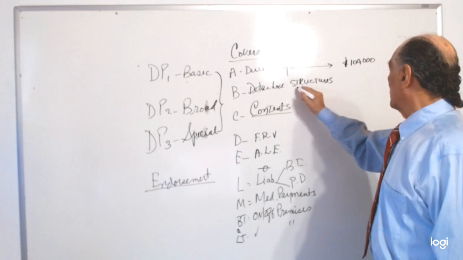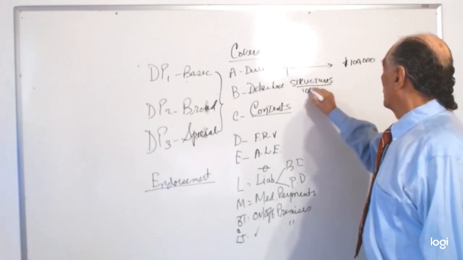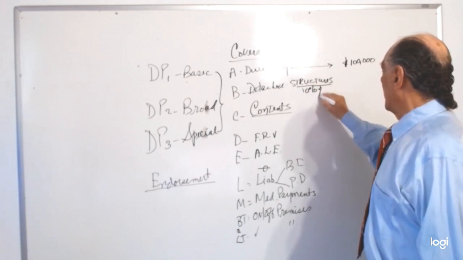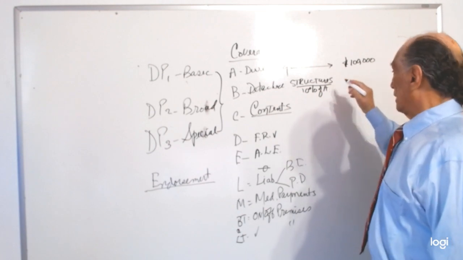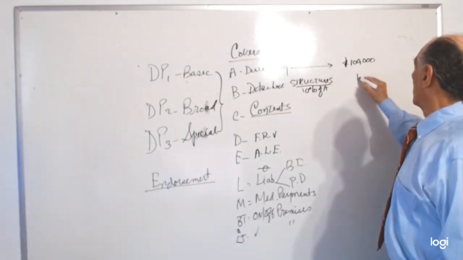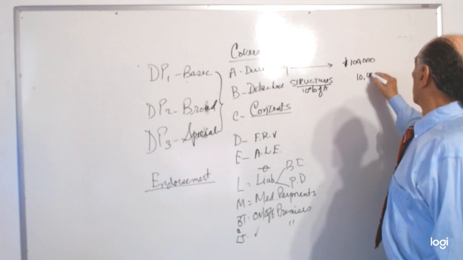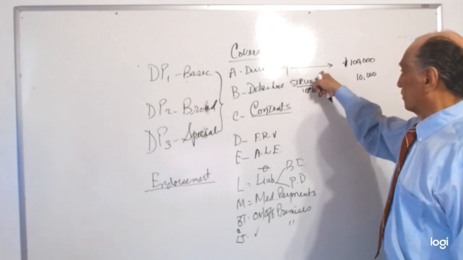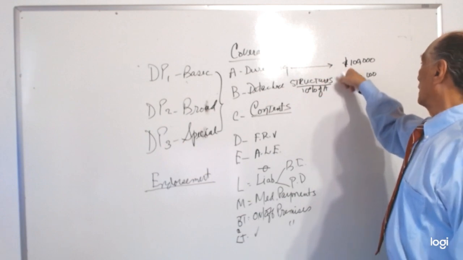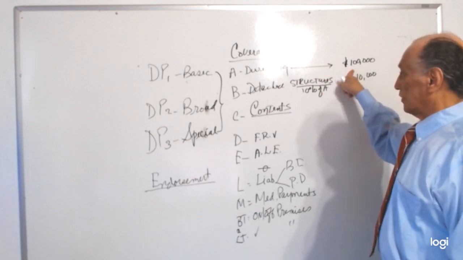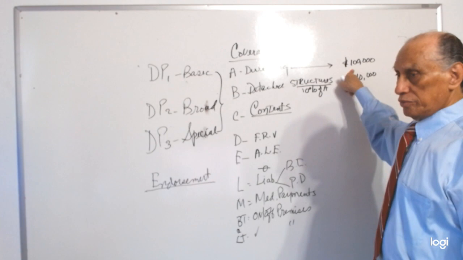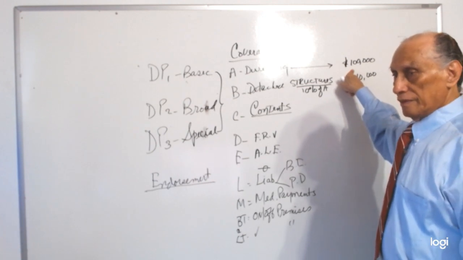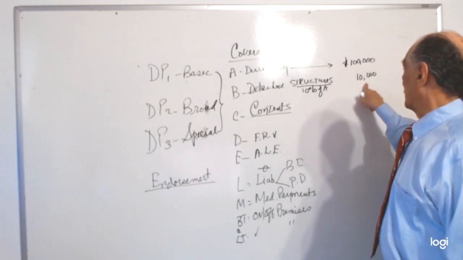The structure, 10% of A is allowed without additional premiums. So if your structure is destroyed completely, you get $100,000. In addition, if you have a detached garage or pool or any other structure, they'll give you $10,000 more.